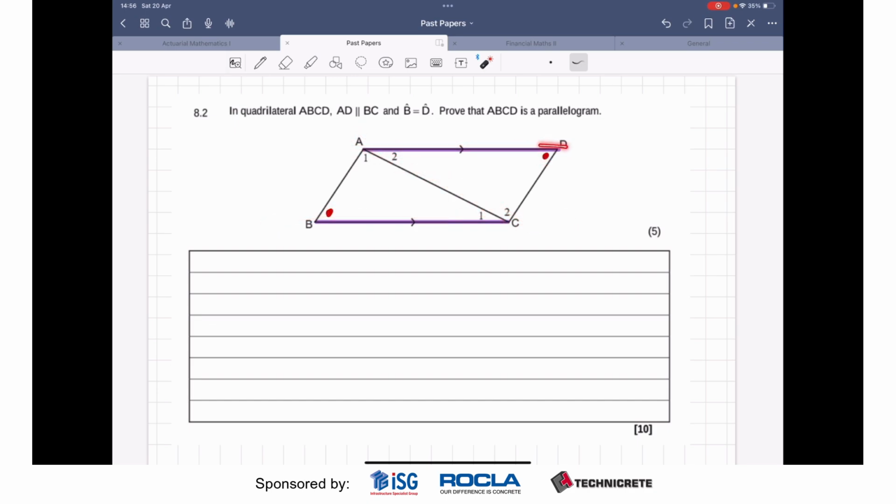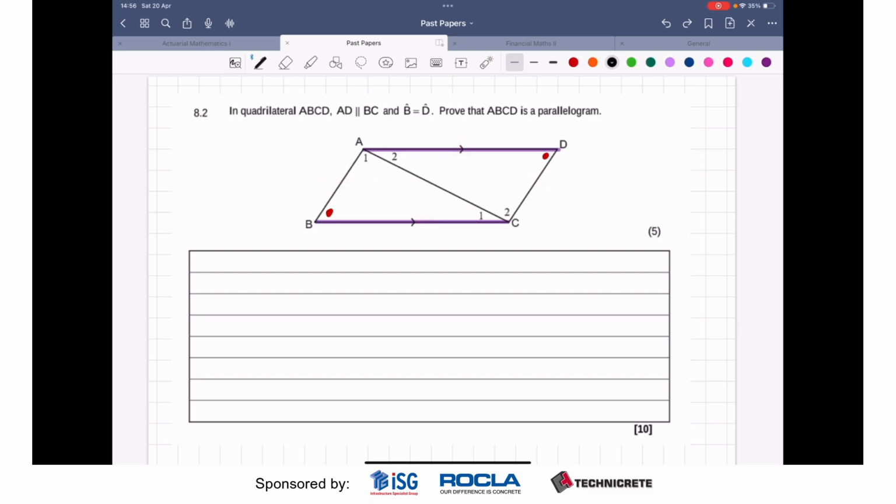So then I can say that this triangle is congruent to this triangle, which means that the length of this side on that triangle is equal to the length of this side on this triangle, and this length is equal to this length. Then that means that the opposite sides of this shape ABCD are equal, or the pairs of opposite sides are equal, so these two are equal and these two are equal, which means that ABCD is a parallelogram.